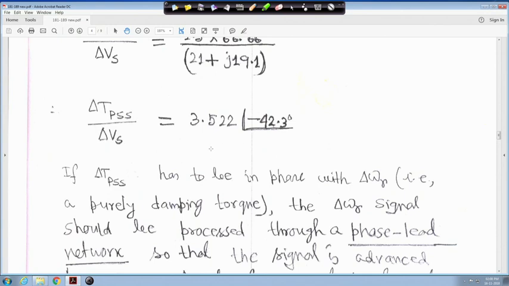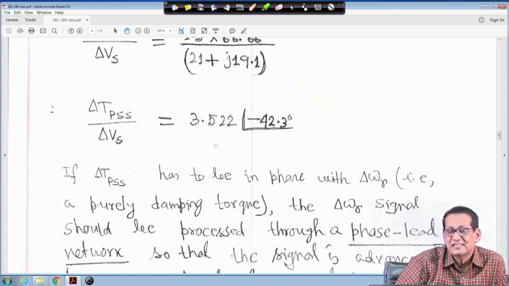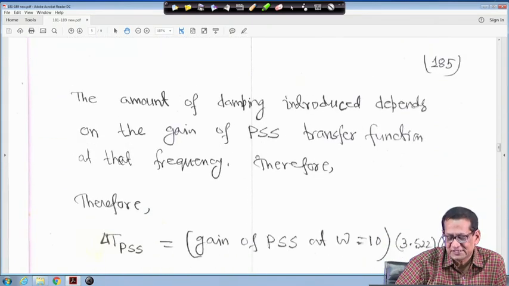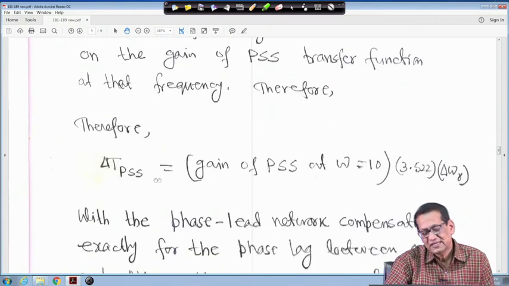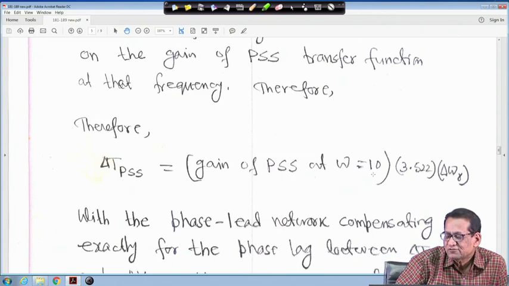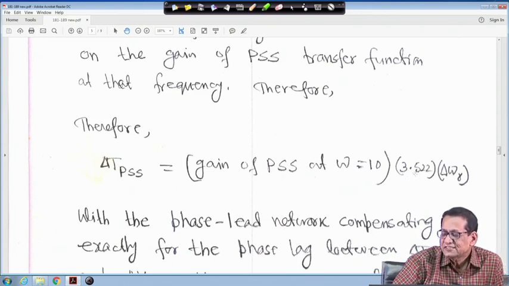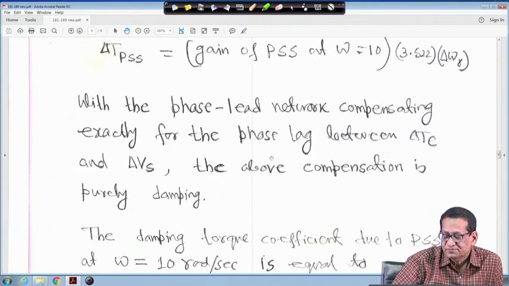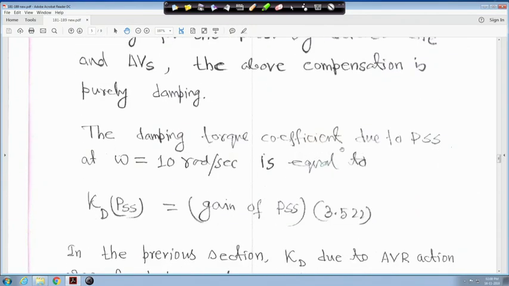That angle also has to be plus 42.3 degree, such that this is completely eliminated, the angle should not be there, such that you will get a pure damping coefficient. So, the gain of PSS at omega is equal to 10 radian per second into 3.522 delta omega r. Now, the damping torque coefficient due to PSS at 10 radian per second is Kd PSS is equal to gain of PSS into 3.522.